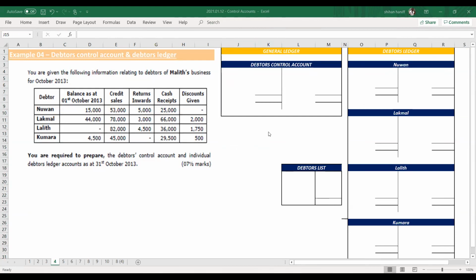Doubtful debt will not be deducted from the debtors. Doubtful debt has to be shown separately in the provision for doubtful debt account. Double entry for doubtful debt is doubtful debt expense account debit, provision for doubtful debt account credit. But bad debt is expense account debit, debtors account credit. So that's the reason we don't take the doubtful debt in the debtors account.